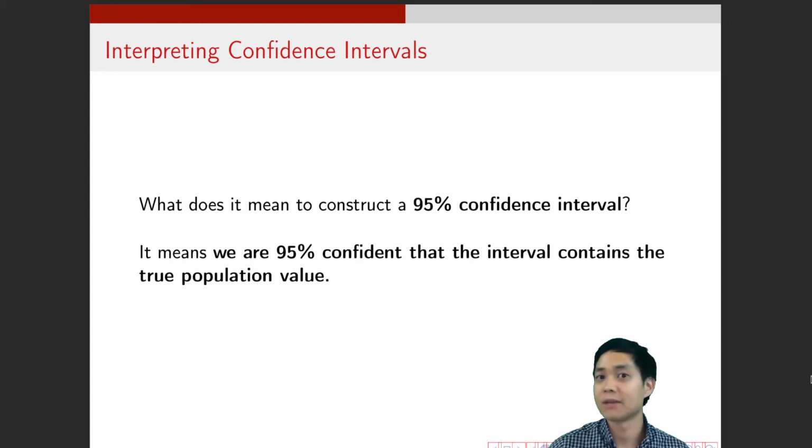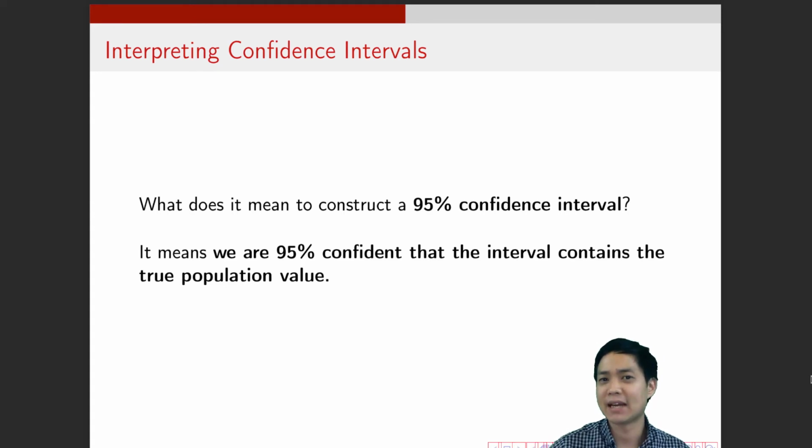In that population, there is a true value for the mean, and we don't know that value. We have a sample, but we're able to try to estimate it. So we can use that point estimate, and then use, for example, a 95% confidence interval to get an interval estimate, so that we are, at a certain percentage level, confident that the interval contains the true value.